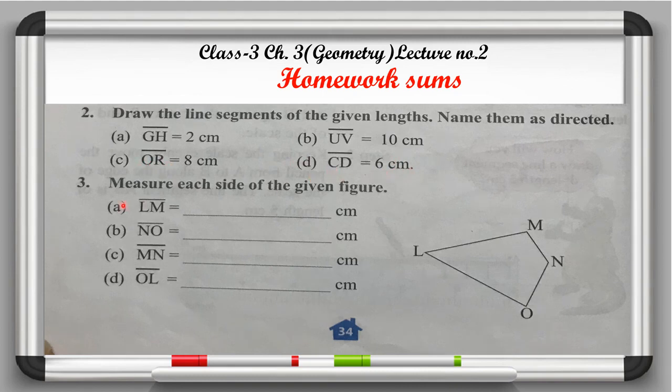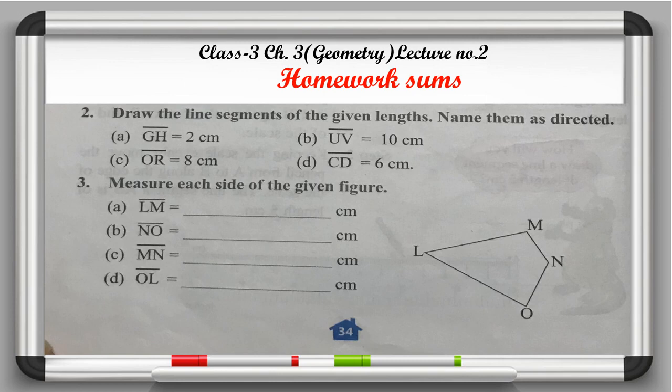Okay. Now in question number 3, measure each side of the given figures. So here one figure is given and there are some line segments. You have to measure the length of the line segments. First LM, then NO, then MN and then OL. OL or LO, both are the same.